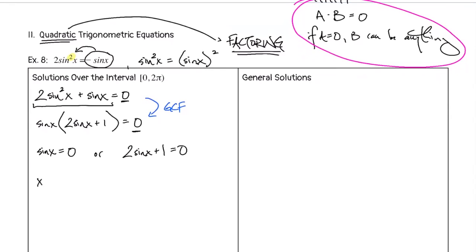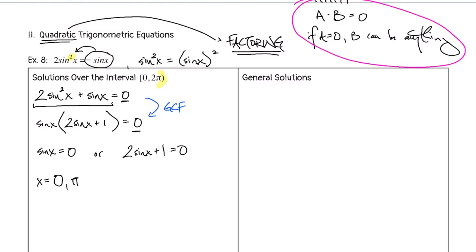I bet you folks can tell me this one. The angles in the unit circle where the y value is 0. What do we get for that? Zero and pi. Okay, so we're gonna take Michelle's answers here, 0 and pi, because check out this little thing. You see where we have a parentheses here?